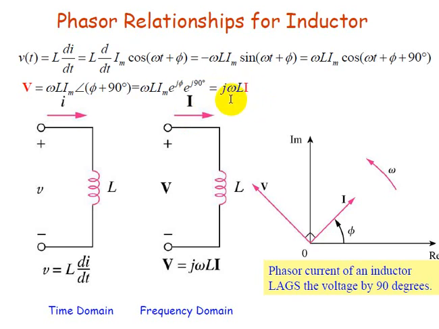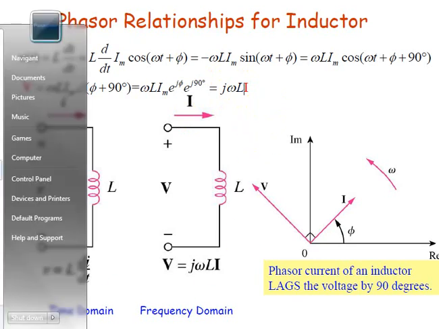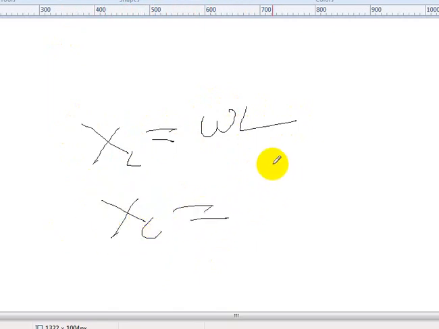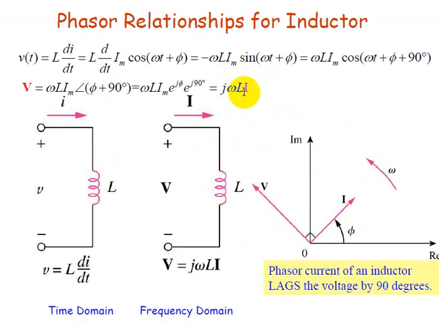We express it by capital X subscript L. X_L, the reactance of inductor, is equal to omega L. And X_C is the reactance of capacitor, which is 1 over omega C. So this is the reactance of capacitor and this is the reactance of inductor. For inductor, this omega L is the reactance.